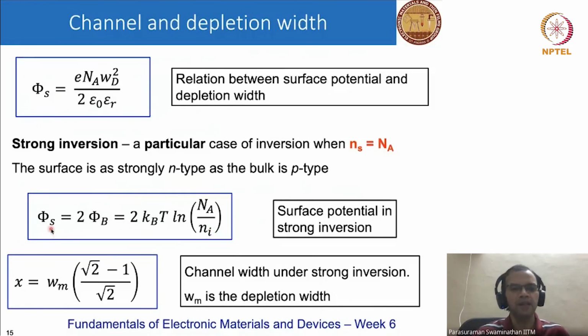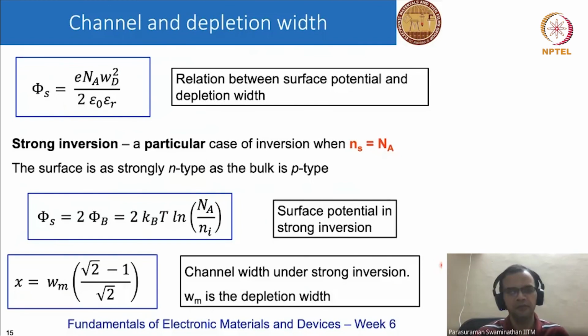When I plug in this phi s into this equation, I can calculate the total channel width under strong inversion, and we can also calculate the width of the depletion region, the width of the n channel when we have strong inversion. Wm here is the total width of the depletion region.